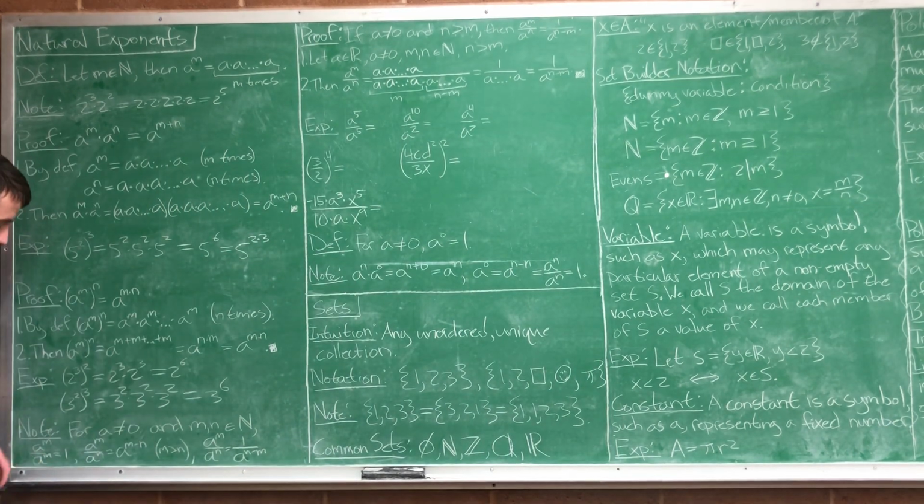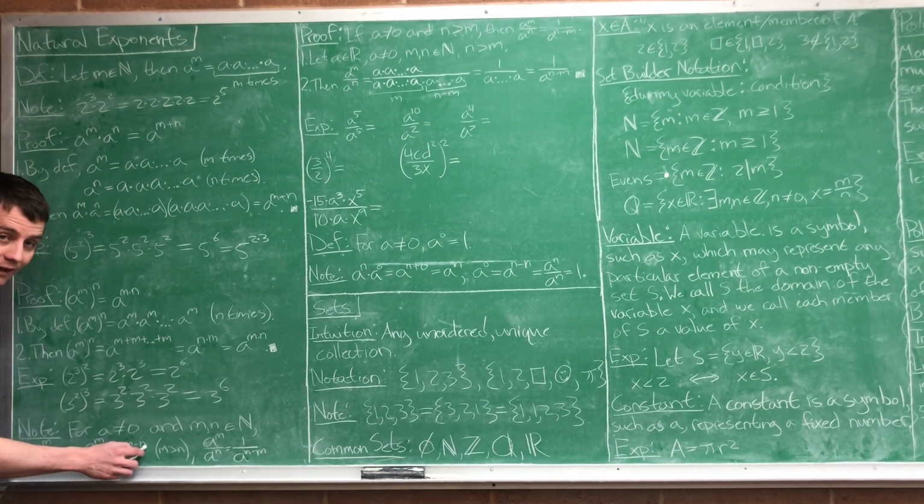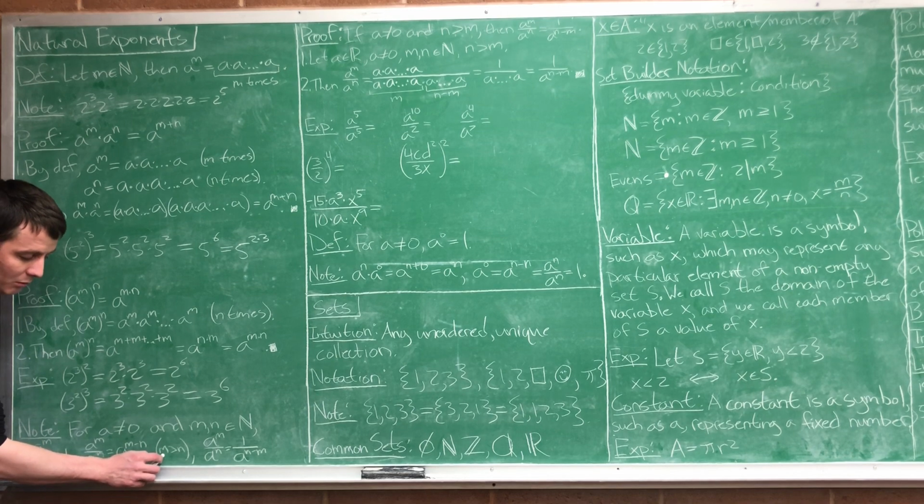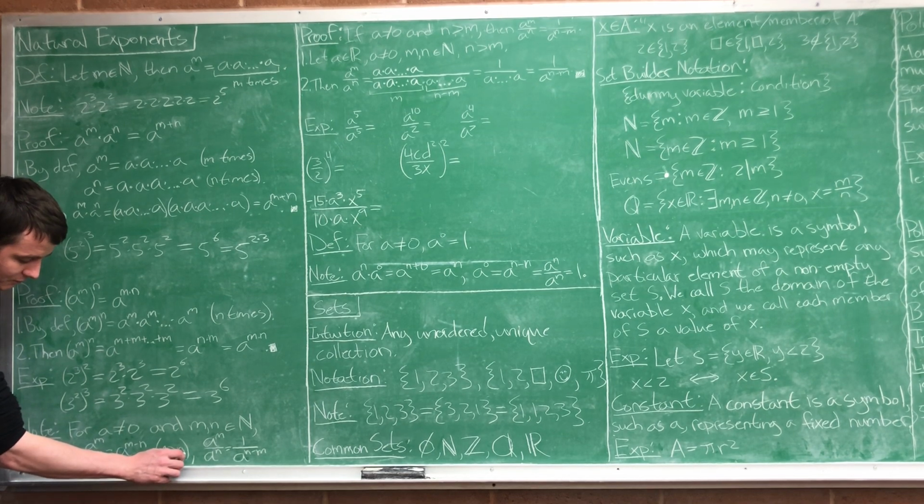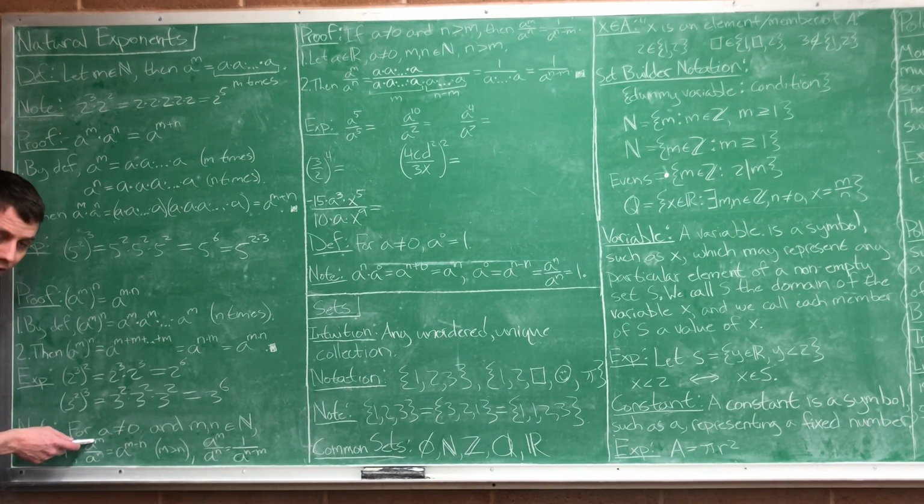And then if we have a to the m over a to the n, then that is equal to a to the m minus n, as long as m is greater than n. So if the exponent in the numerator is greater than the exponent in the denominator, then their quotient is equal to a to the m minus n.